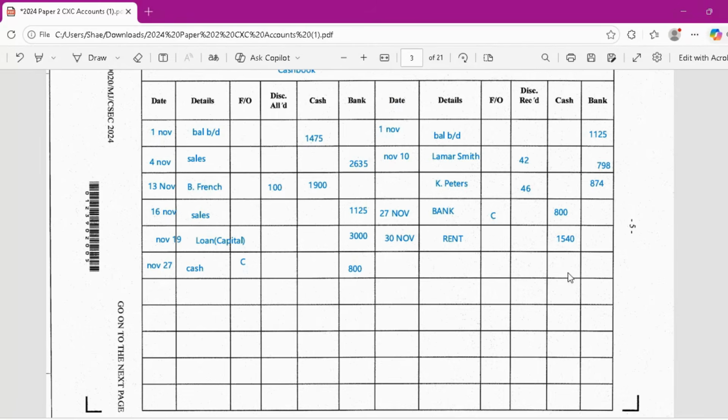We have 800 and 1,540 on our credit side. So that's 2,340 for our credit side for our cash account. So I'm going to put cash 2,340.